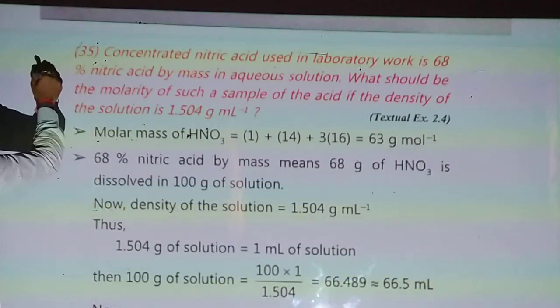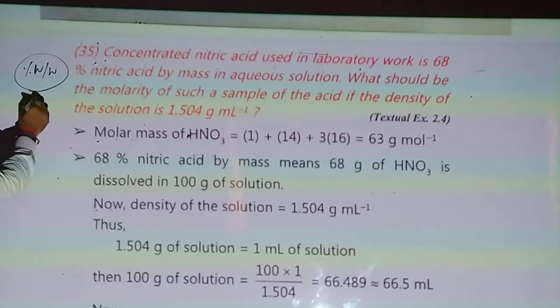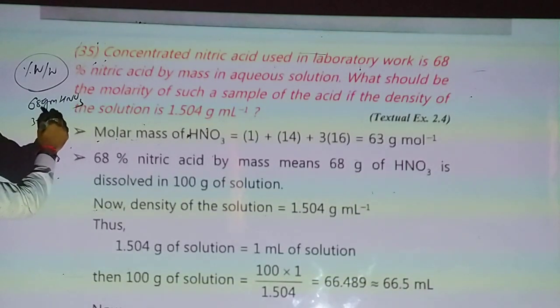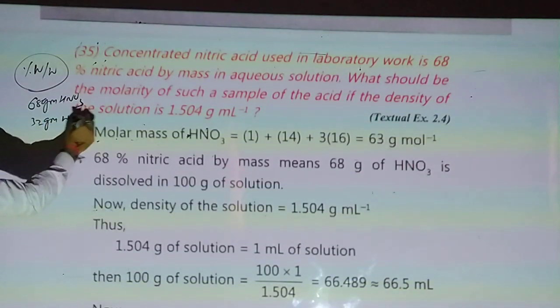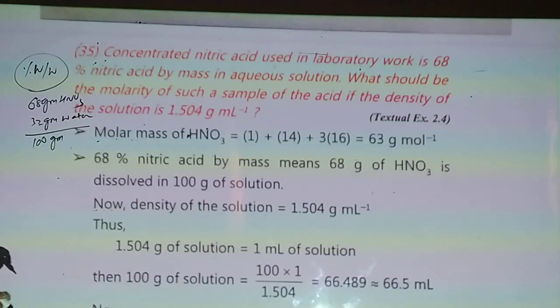By mass means weight by weight. Aqueous means in water. Meaning that 68 gram nitric acid and 32 gram water, and total will be 100 gram solution. What should be the molarity of such a sample of the acid, if the density of the solution is 1.504 gram per milliliter?